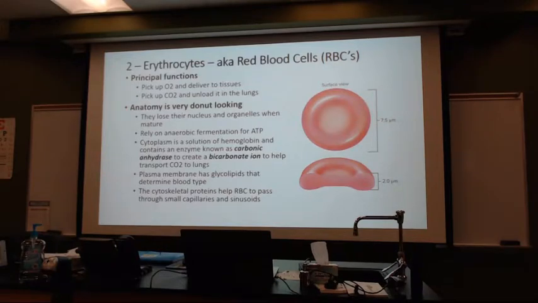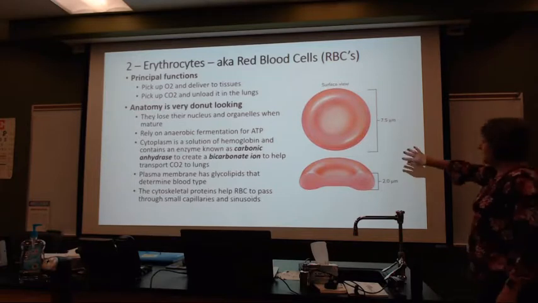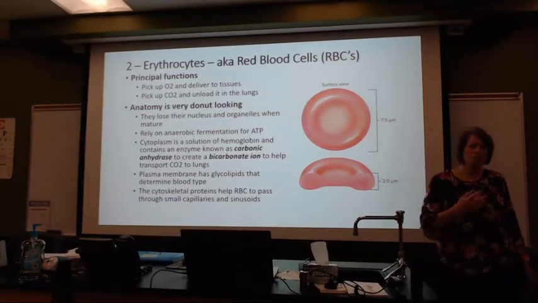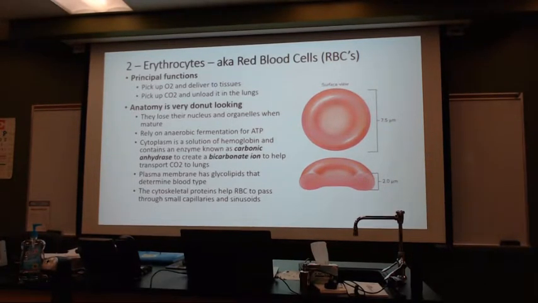Okay? So the red blood cell, they have a lifespan of roughly 120 days. I'm sure you guys already know that. And when they are formed, because that's what's going to happen in that bone marrow, yes, they are formed just like other cells of the body.